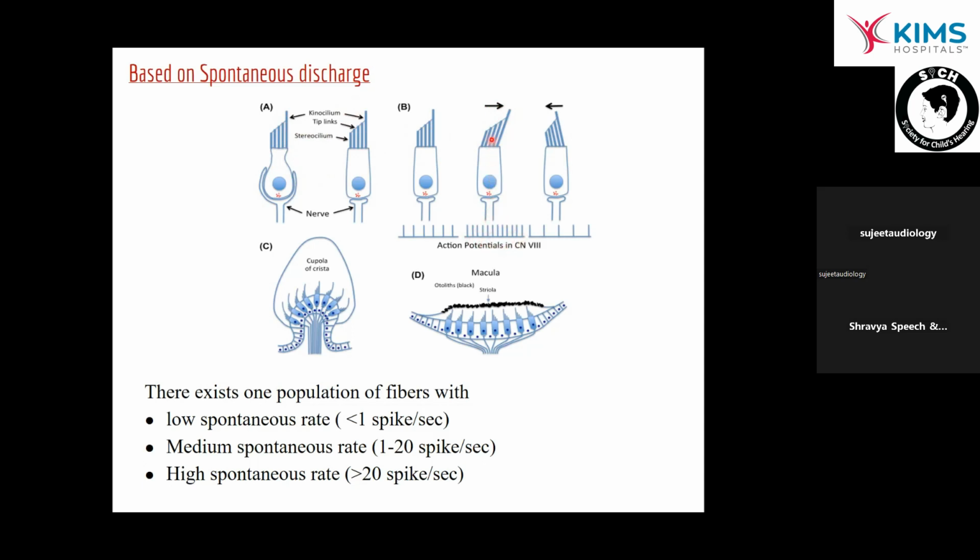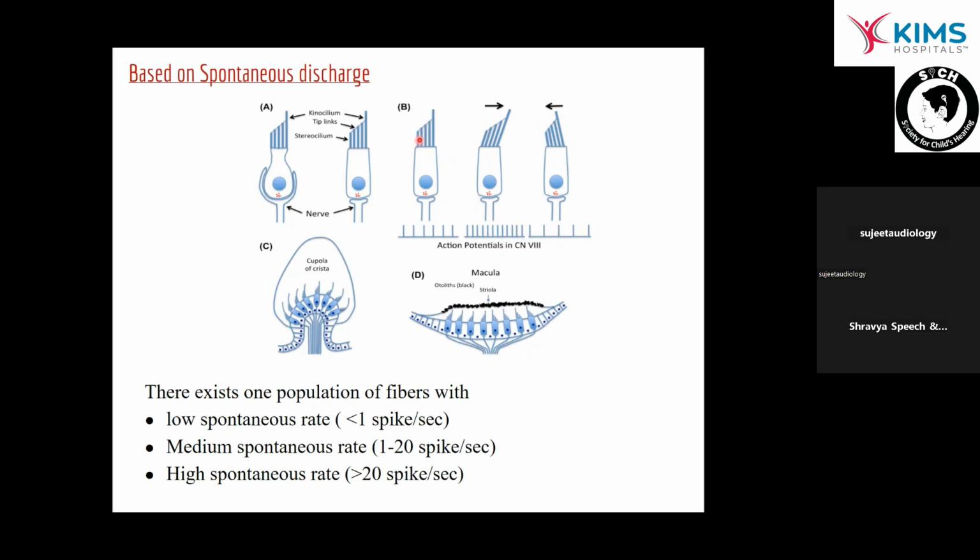Along with the depolarization phase, there will be a hyperpolarization phase. In hyperpolarization, the taller stereocilia move towards the shorter stereocilia, and hence there will be a reduction in the firing, or the action potential will reduce. But normally the stereocilia are like this.